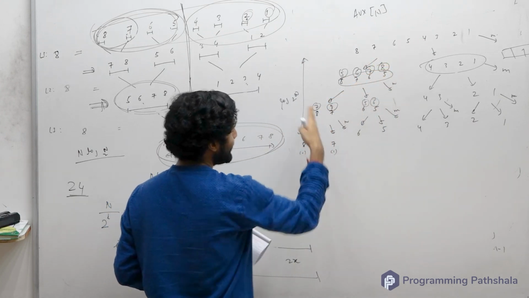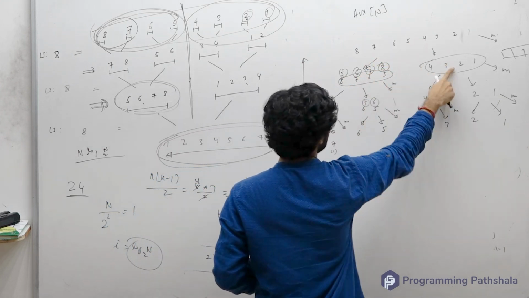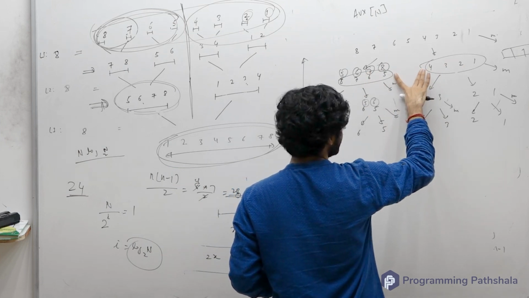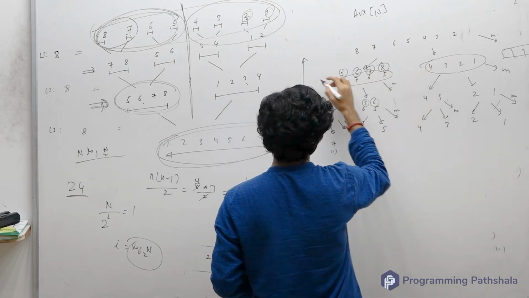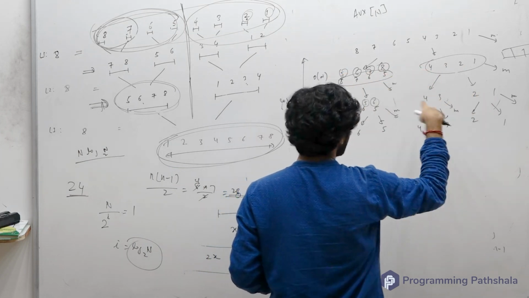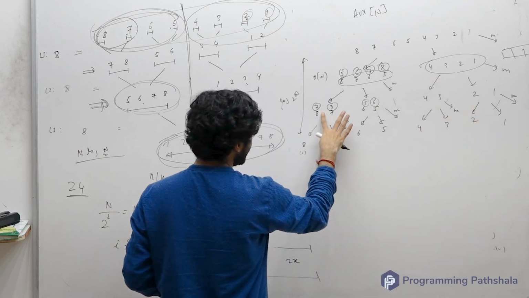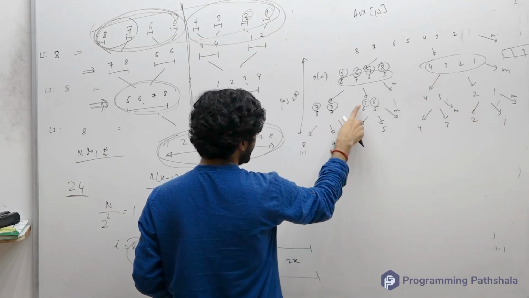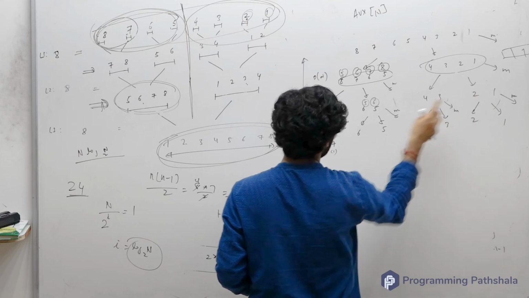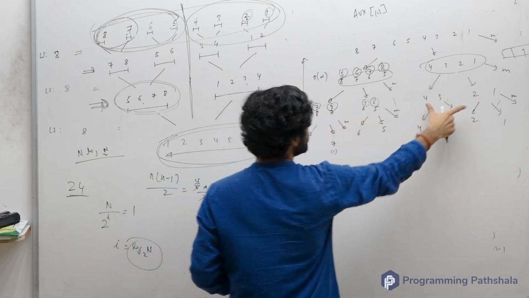At every level, here you merged two subarrays of size n by 2, so n by 2 plus n by 2, order n time. Here you merged 4 subarrays of size n by 4. To merge this and this takes n by 2 time, to merge this and this takes n by 2 time.